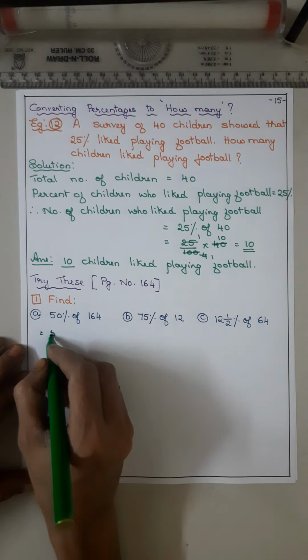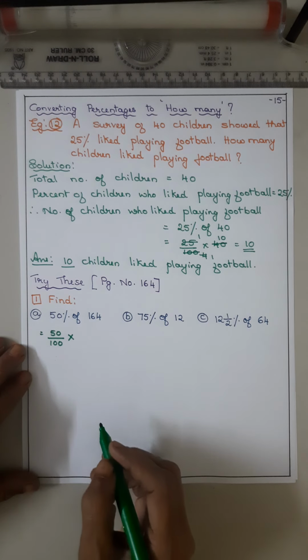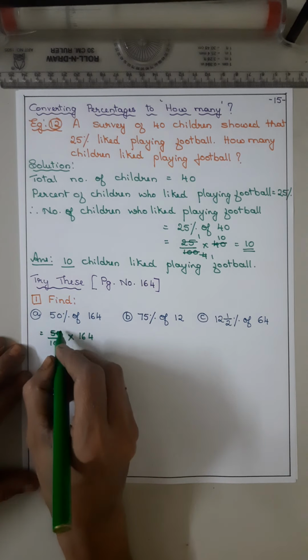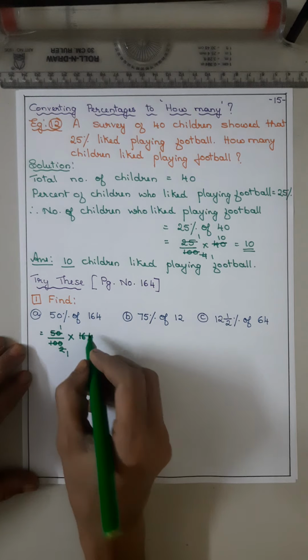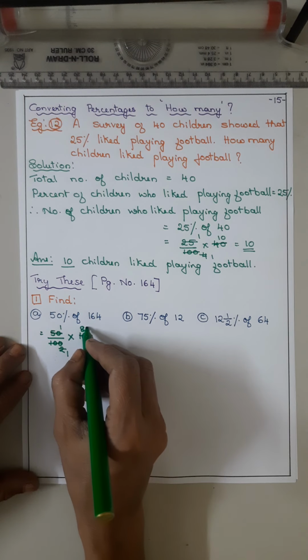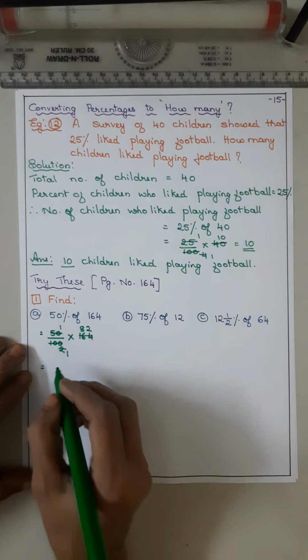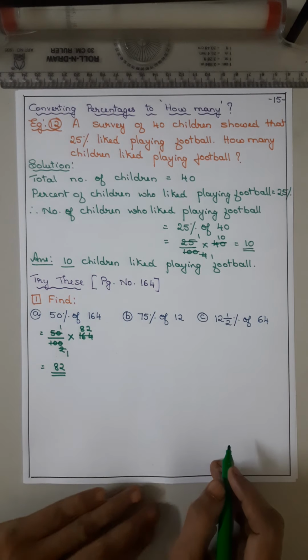50% can be written as 50 by 100, of means multiplication, then 164. Now 50 ones are 50, 50 twos are 100, 2 ones are 2, 2 eights are 16, 2 2s are 4. So you got the answer. 1 into 82 is 82.